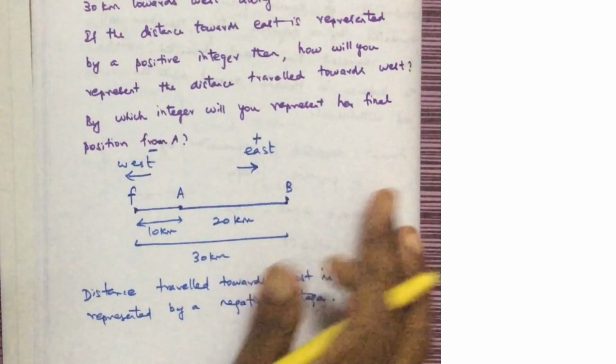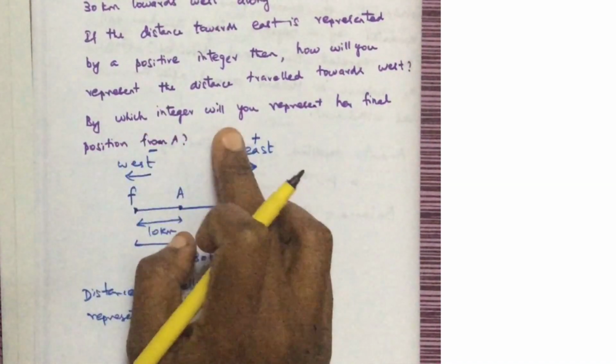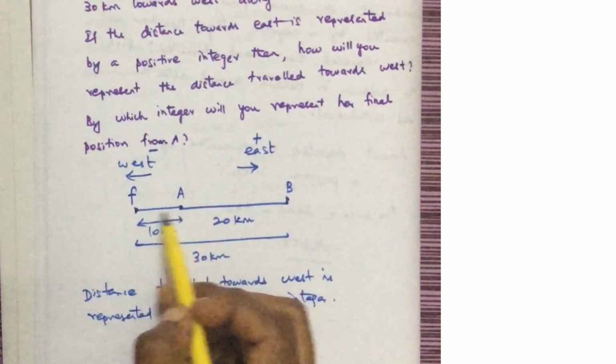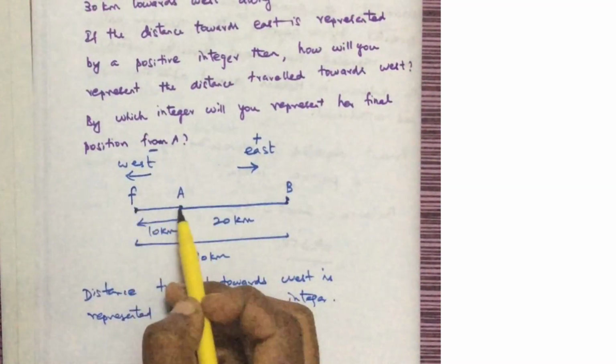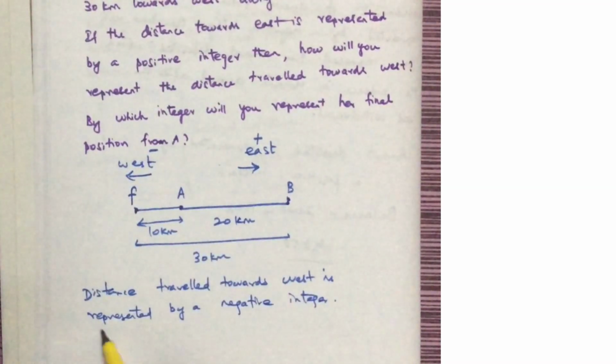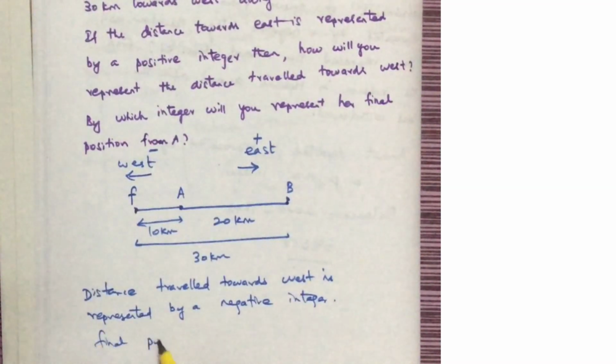Okay. The next question is, by which integer will you represent her final position from A? This is her final position and this is A. So what is that? 10 kilometers is the final position.